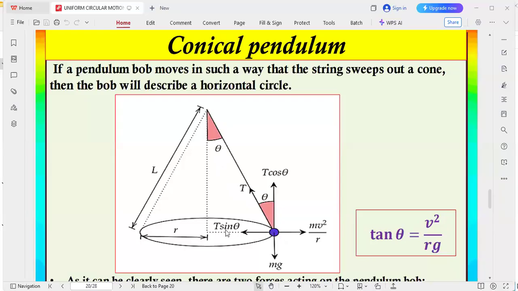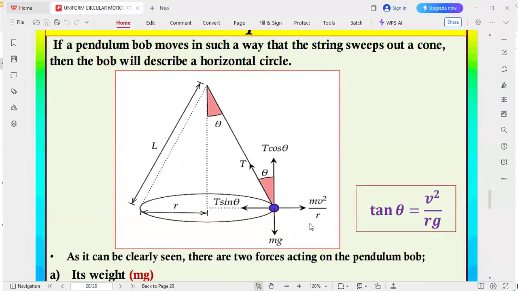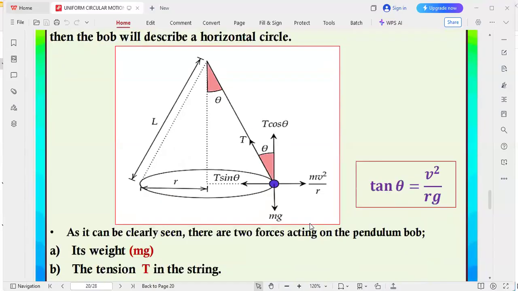This is the force pushing it towards the center of the circle so that it maintains that path. We have the weight, which is mg. When we resolve T to the vertical position, it becomes T cos theta. Then, of course, tan theta equals v squared over rg. Making v the subject, we get v equals the root of rg tan theta.